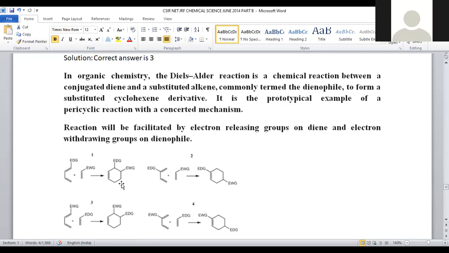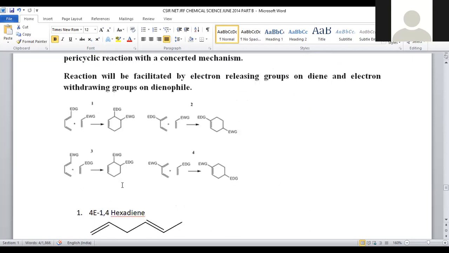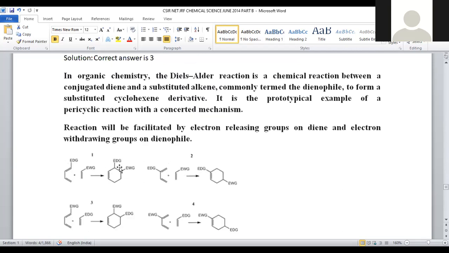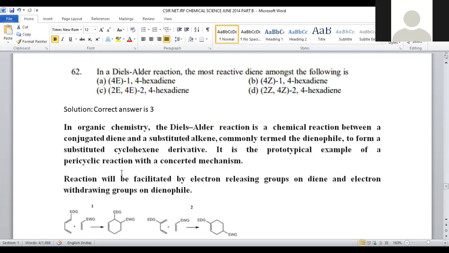Then only will the reaction be facilitated and a product formed. Even though so many conditions are there, the suitable condition for this Diels-Alder reaction is that electron releasing groups are required on the diene and withdrawing groups are required on the dienophile. Then only is the rate of the reaction faster and the extent of product formation greater, right?